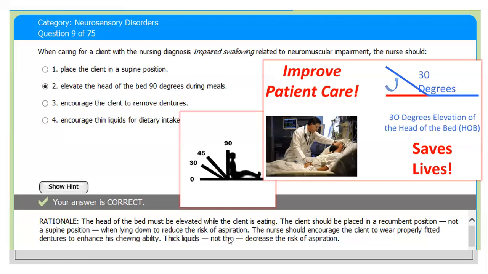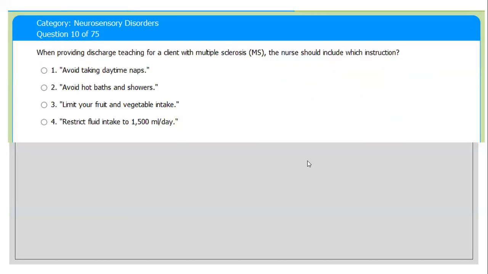Thick liquid, not thin. So give them thick liquid to decrease the risk of aspiration. So if the patient has an impairment of swallowing, it is good to give them any degree more than 30 degrees, but 90 degrees is preferable, or it depends on patient condition. But elevating the head of the bed is the priority and saves the life.